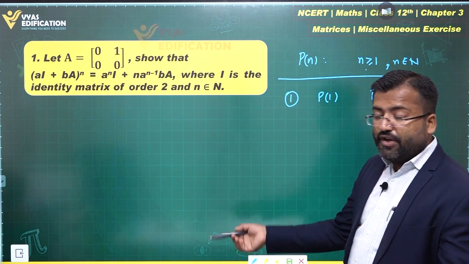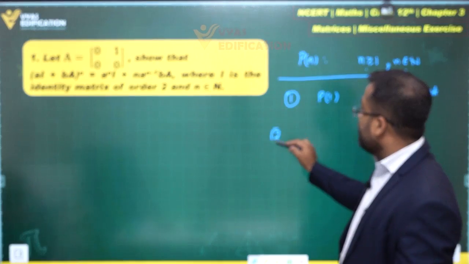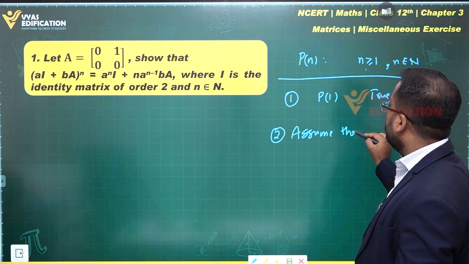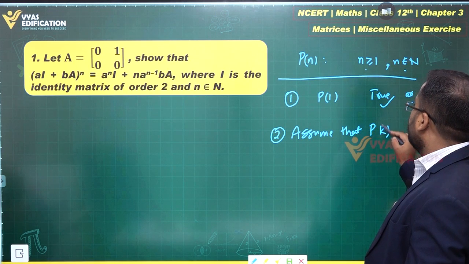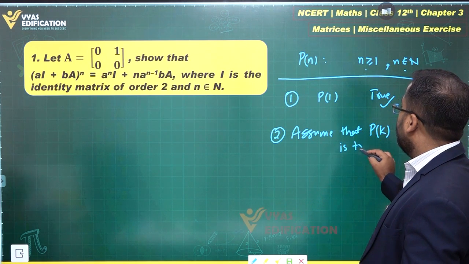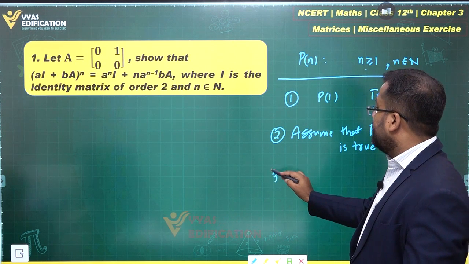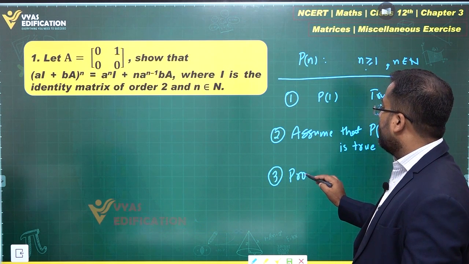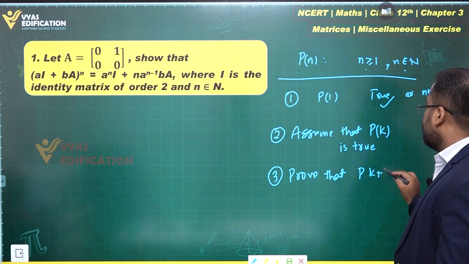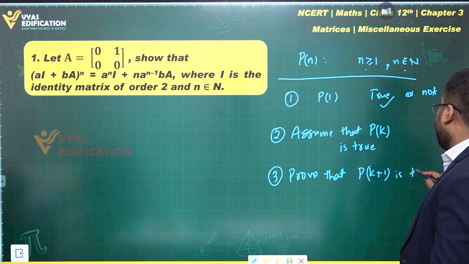If P1 comes out to be true, then in the second step, we assume that Pk is true. In the third step, prove that Pk plus 1 is true.